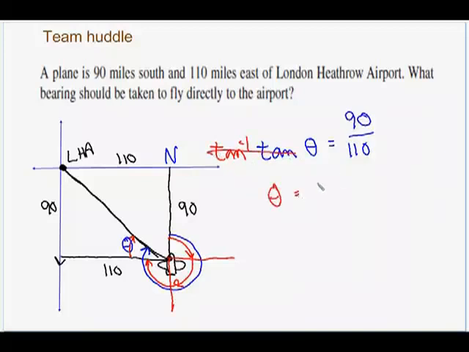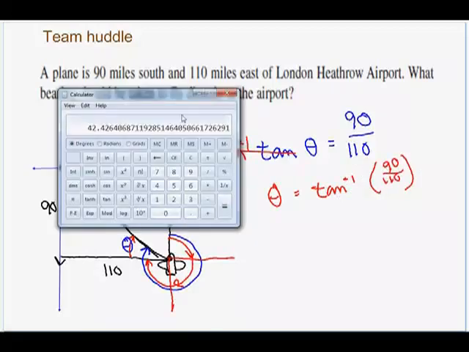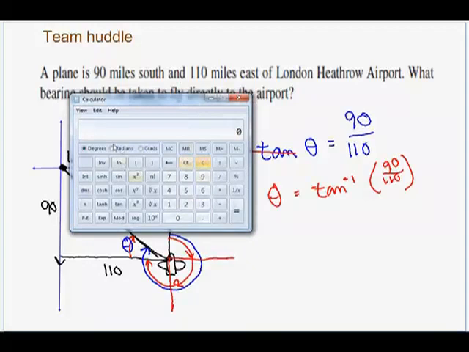And we'll have theta equals the tan inverse of our fraction, 90 divided by 110. So back to the calculator. Make sure we're in degree mode. We're going to use our inverses this time. So we're going to do 90 over 110 and get that value of that fraction, and then tan inverse. 39.289. Let's just round that off to 39.3.